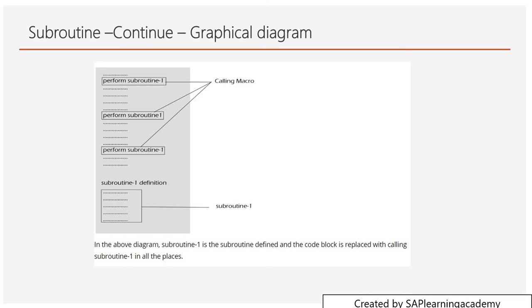The same subroutine, like subroutine 1, can be called multiple times in your program, like I have written there: PERFORM subroutine 1, PERFORM subroutine 1. In this way you can call the subroutine in various places based on your requirement in the program.